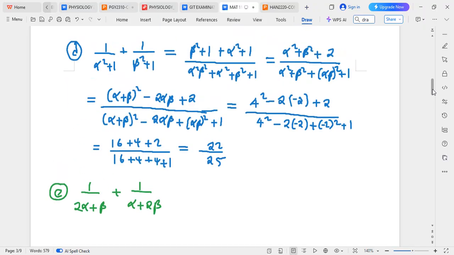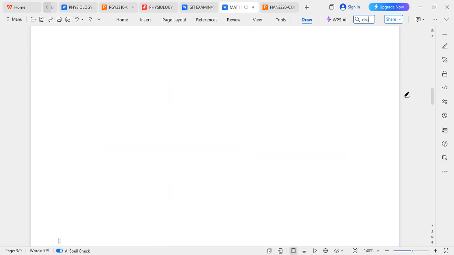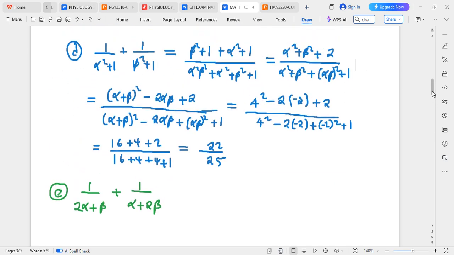So the third question, which part? Which part? Here.